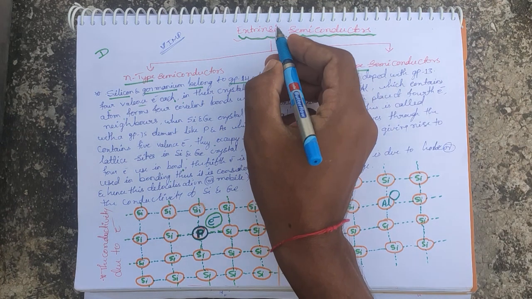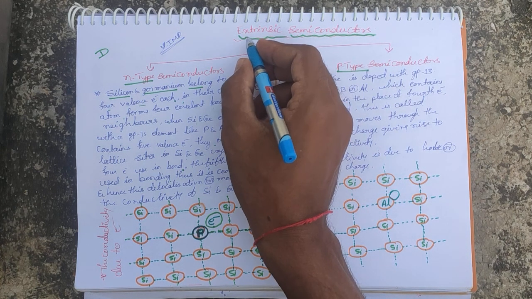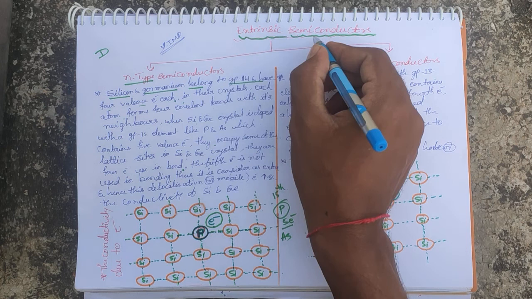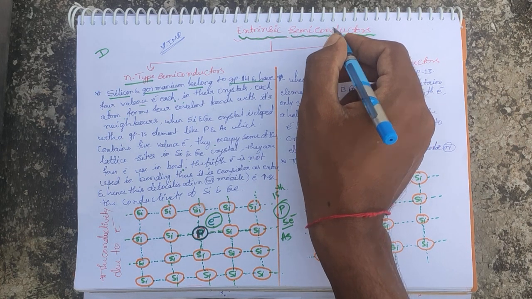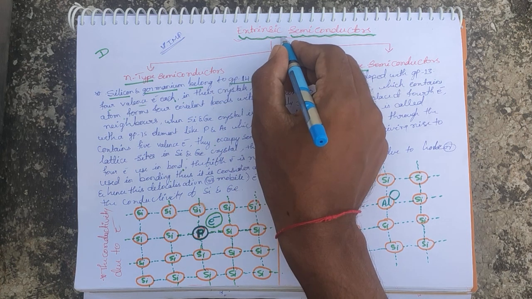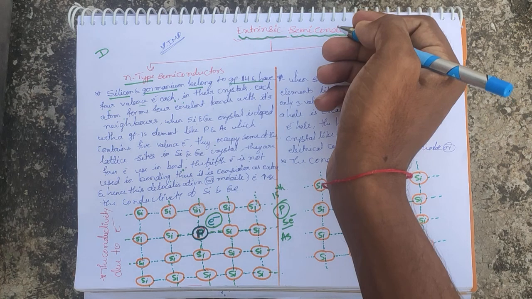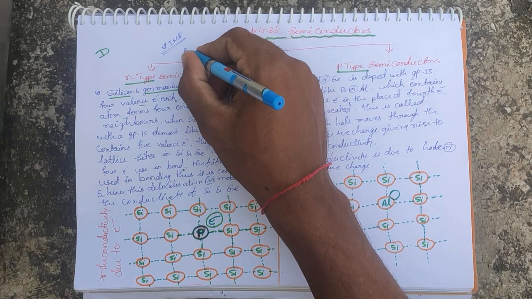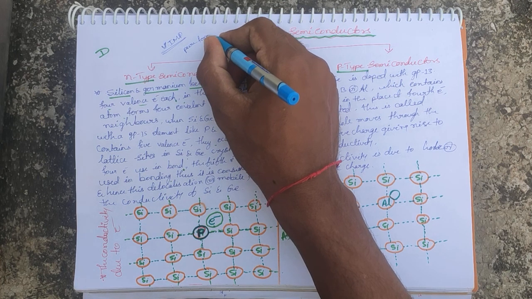Dear student, already we know about the extrinsic semiconductor. What is meant by extrinsic semiconductor? We know that a semiconductor has conducting properties in between the conductor and the insulator. Extrinsic semiconductor means the semiconductor in its pure form has very low conductivity.